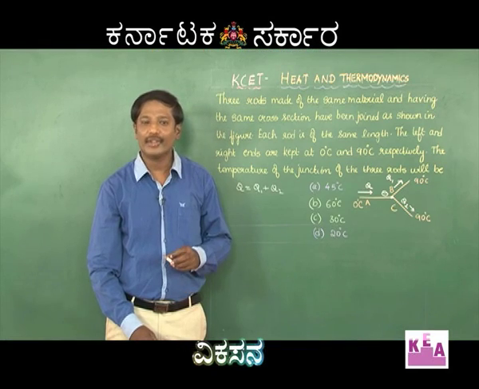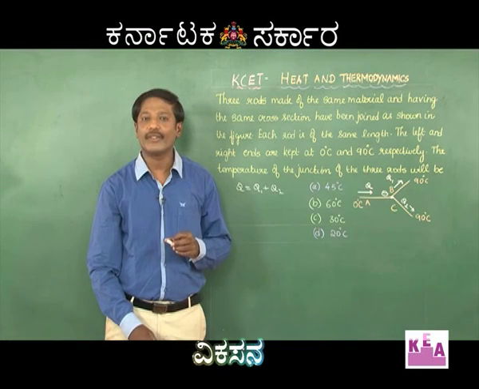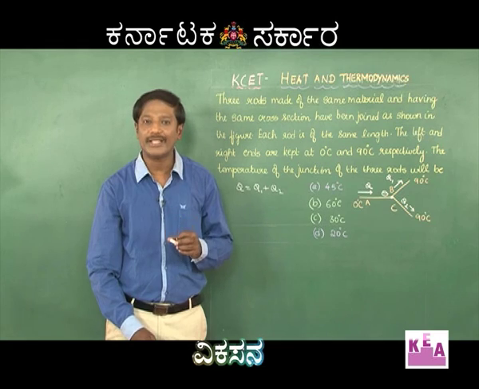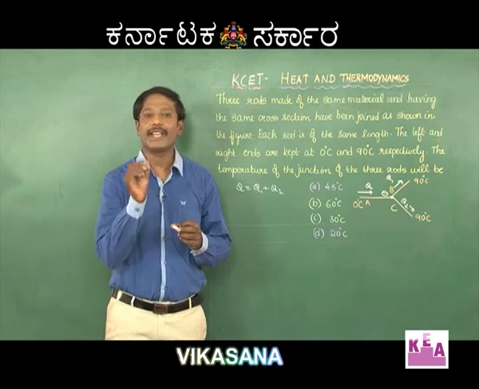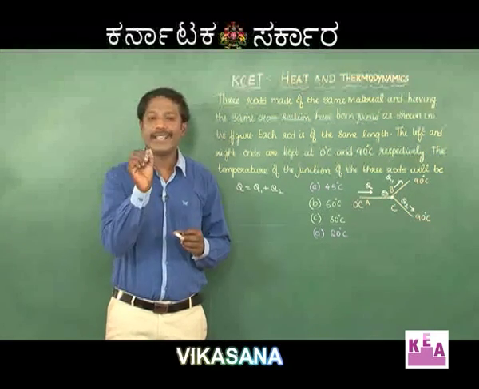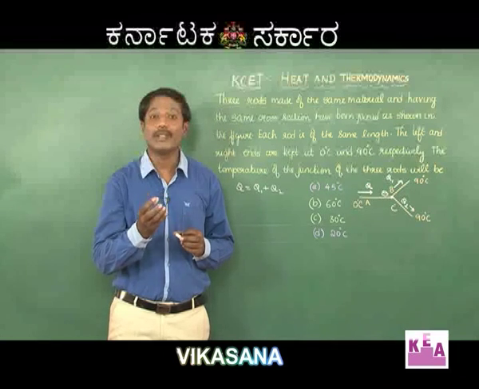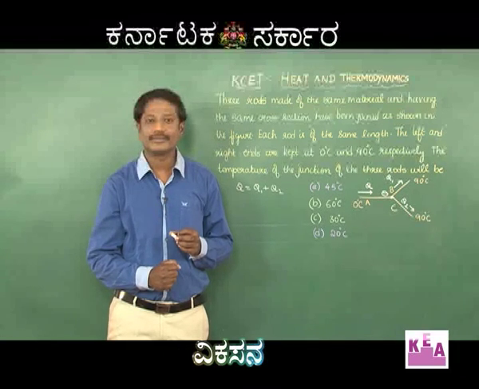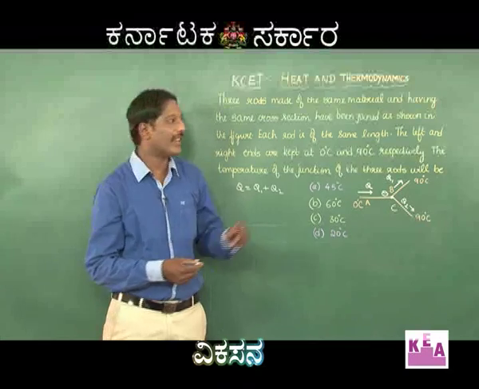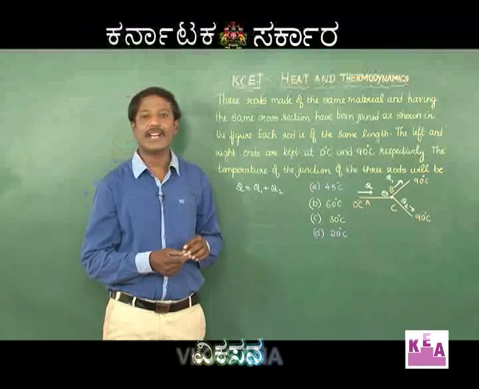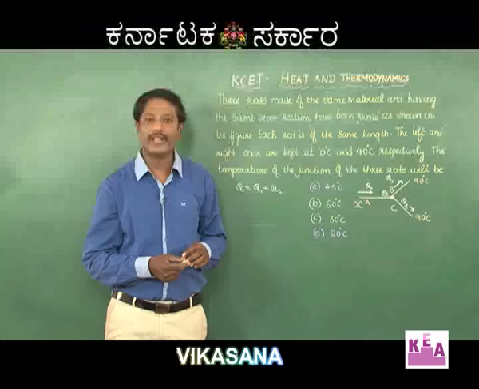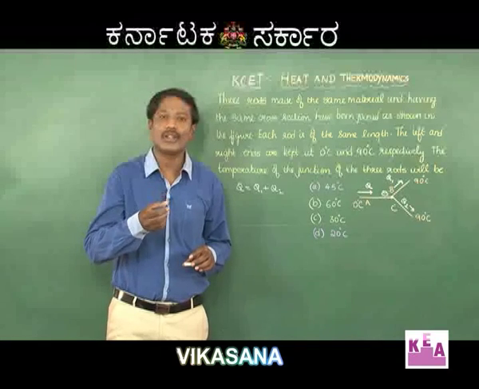Students, we know that the amount of heat energy flowing in a given interval of time t seconds is the ratio of the increase in temperature to the thermal resistance. Since we have the same cross sectional area and the same length, the resistance of each rod should be the same.